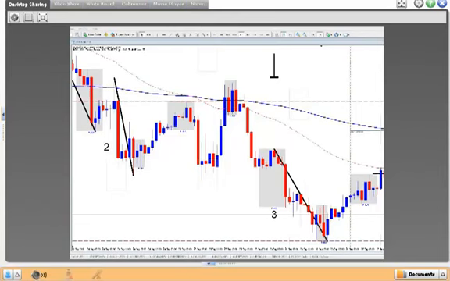That opens the door to possibly a failed push. If there's a failed push, then we're going to see continuation down. So it's not as straightforward. We're going to have to stay open-minded and trade both sides of the manipulation during the high probability times. In my opinion, I like those days more because they open up a bit more possibility.